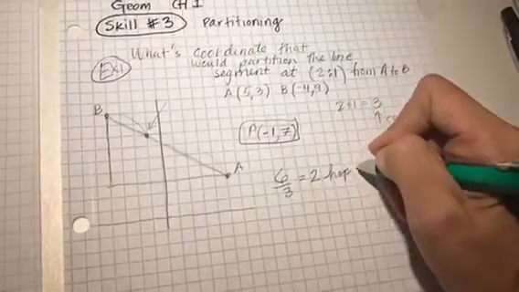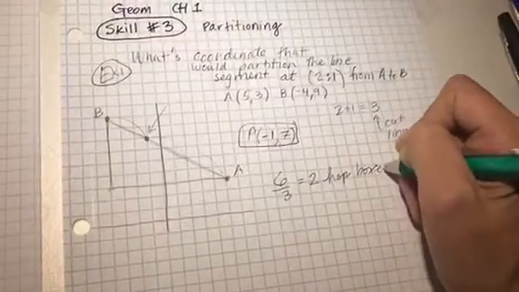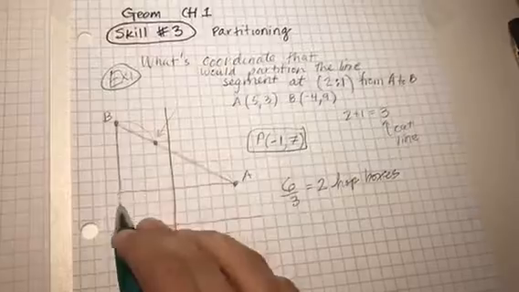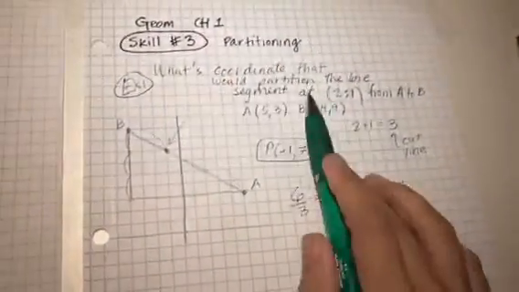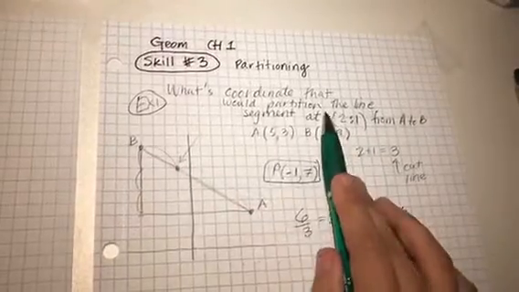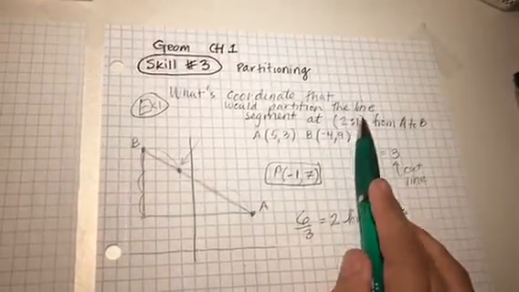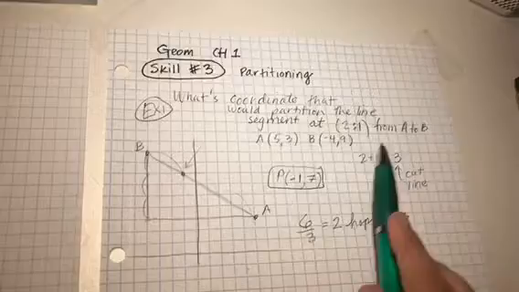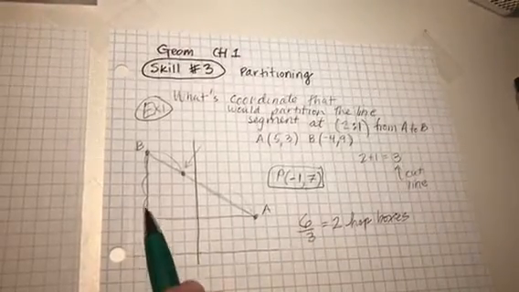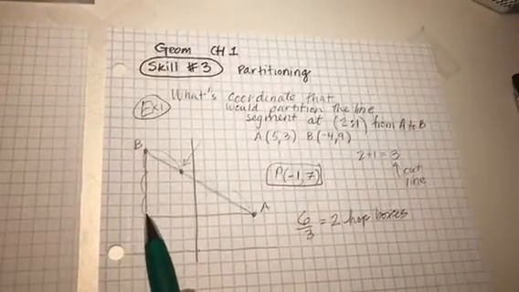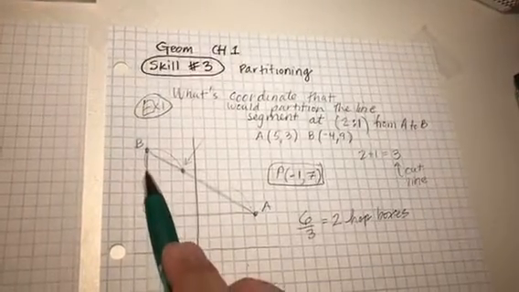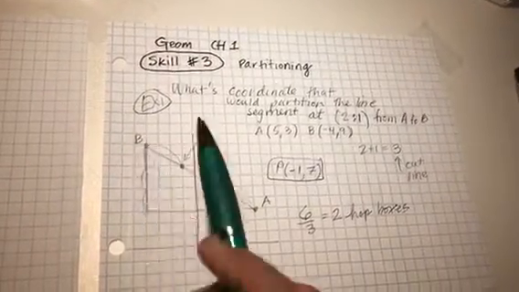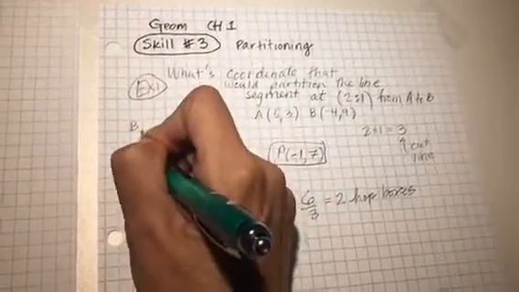So you just need to hop 2 boxes in order to cut this into 3 equal pieces, the vertical line. 2, 4, 6. And again, for the same reason, if you're going to go on a journey from A to B, I need to go at a 2-to-1 ratio. So go the first 2 miles and stop, have 1 mile left. So I'm going to put an arrow there.